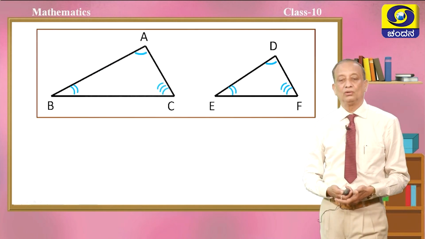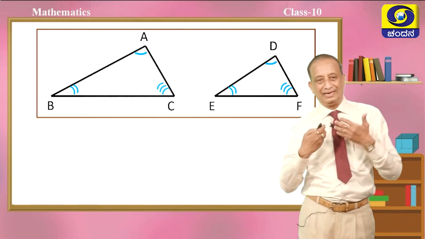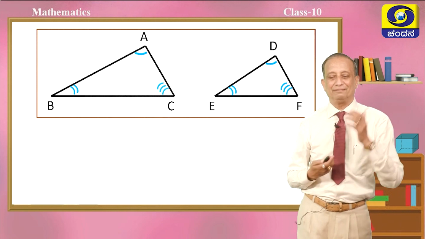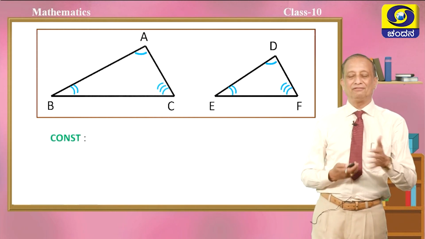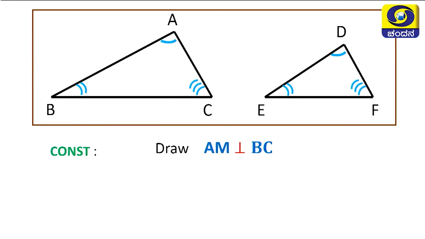Okay. So, how to prove this, children? So, if you want to calculate the area, you need the help of the altitudes, the perpendicular. So, we will make the following construction. Okay. So, draw AM perpendicular to BC in broken lines.